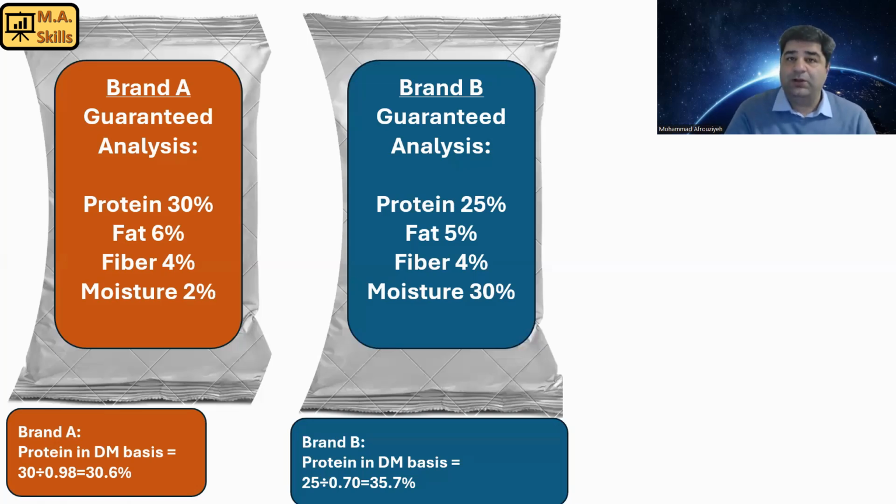So the actual protein concentration based on the dry matter of brand B feed here is 35%, which is higher than brand A. But just looking at their label, it was misleading. We were thinking maybe brand A is better. So this is, let's say, for pet food, but the idea is the same for other ingredients we are using to make overall animal feeds.